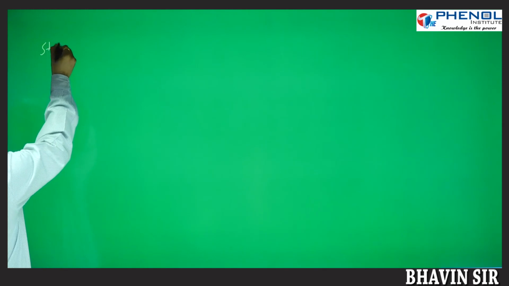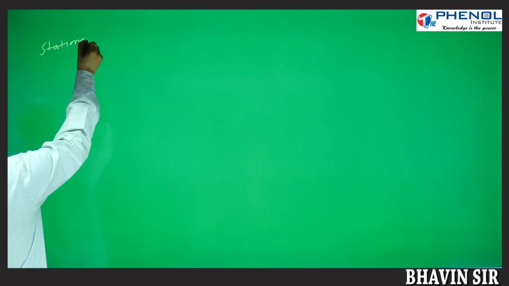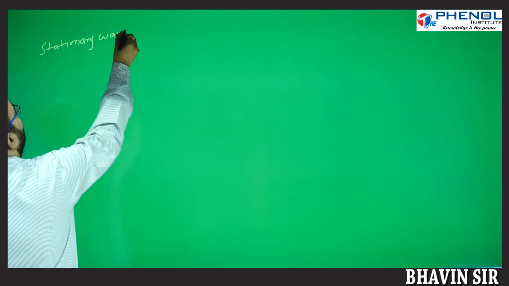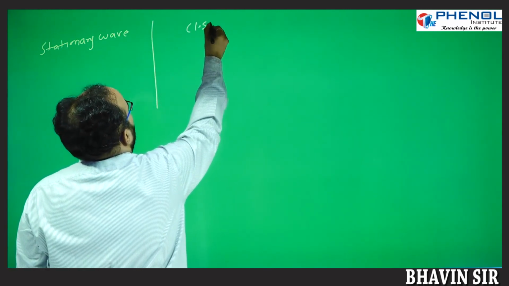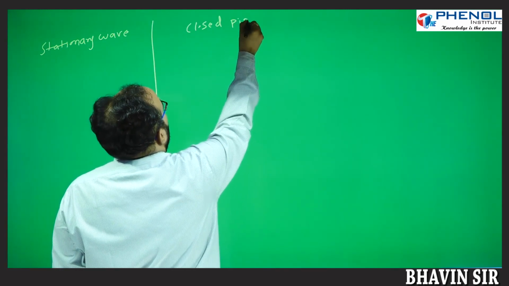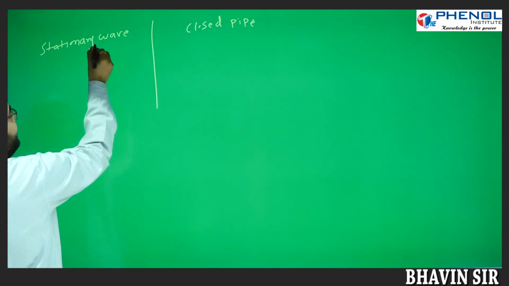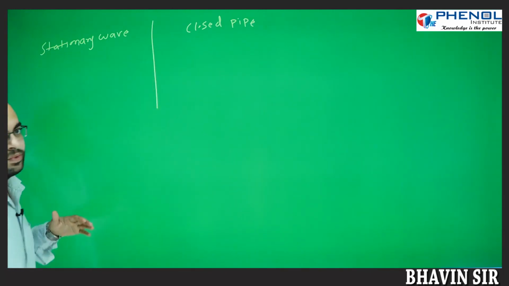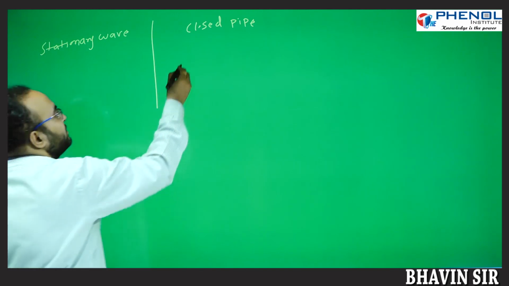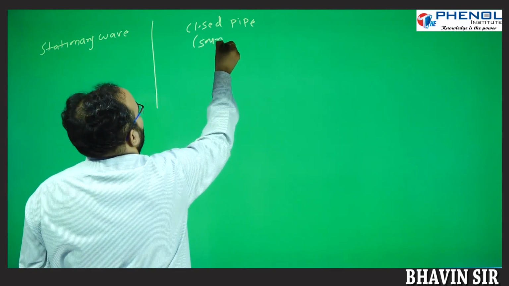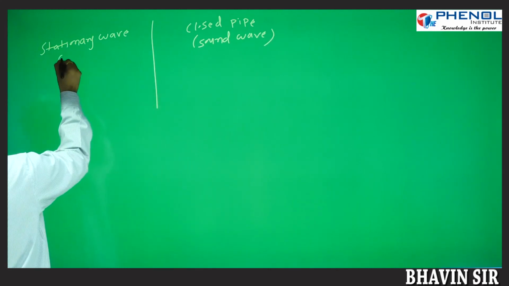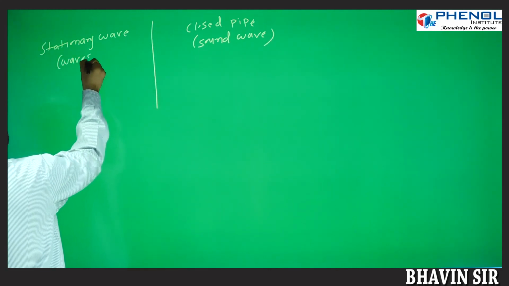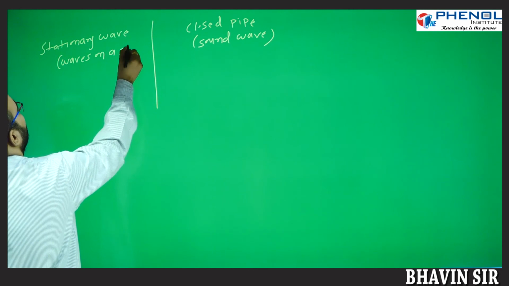So stationary wave, closed pipe. Here the stationary wave model is for sound in the pipes, but here we consider waves on a string, right?